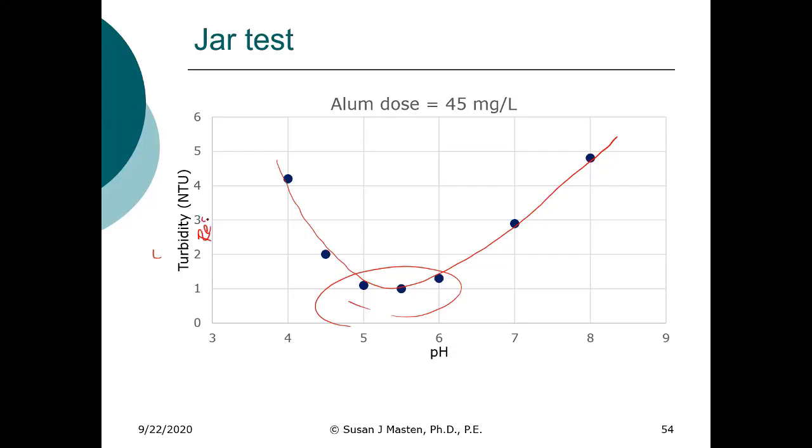And so what we see is that within a pH from about 5 to 6, we have the optimal removal of turbidity.